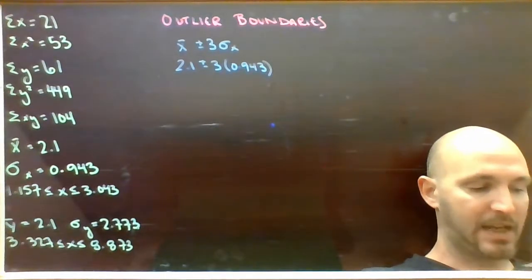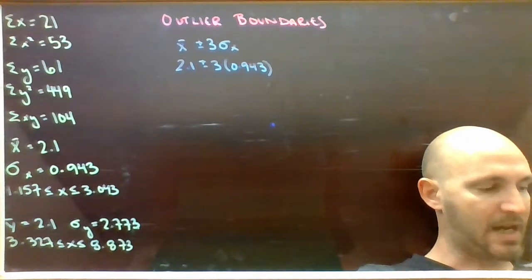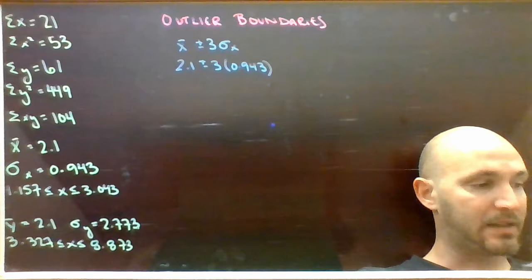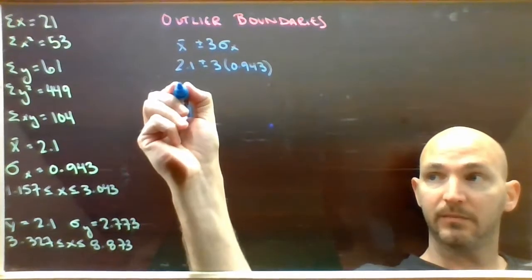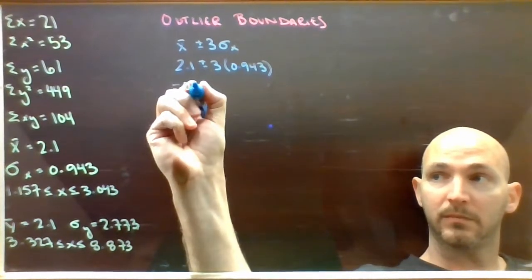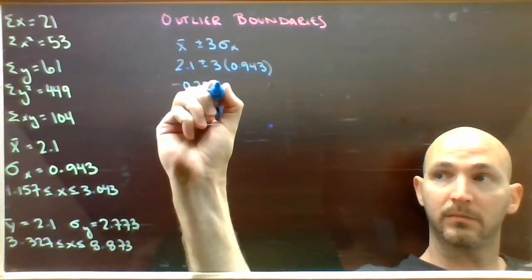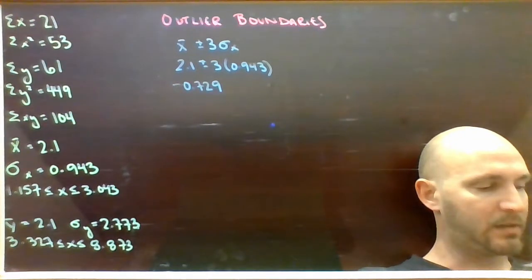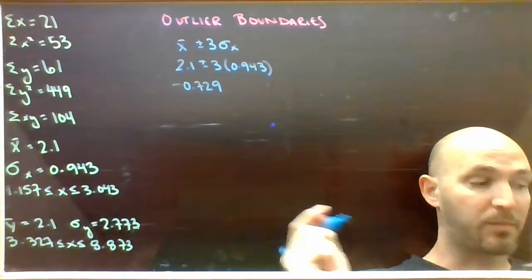So if I were to take that and subtract, 2.1 minus 3 times 0.943, I get negative 0.729. And if I do 2.1 plus 3 times 0.943, I get 4.929.